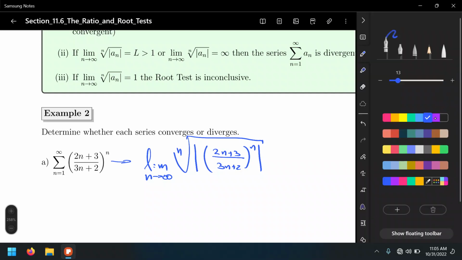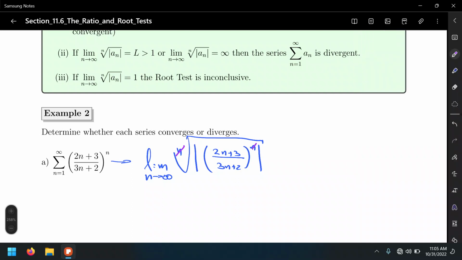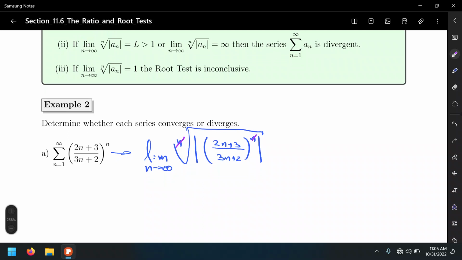Number one, we can cancel out the nth root with the nth power. That's why this root test is great for series that contain an n power, because that nth root takes care of that n power. And then we can also get rid of the absolute value bars because we don't have any negatives or alternating factors.